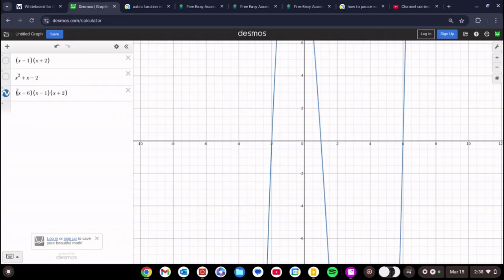To get the x-intercepts, you make each of these factors equal 0 and use your algebra skills to get x isolated. So x would equal positive 6 here, x equals positive 1 here, and x equals negative 2 here. When y equals 0, you have minus 2, positive 1, and over here positive 6.